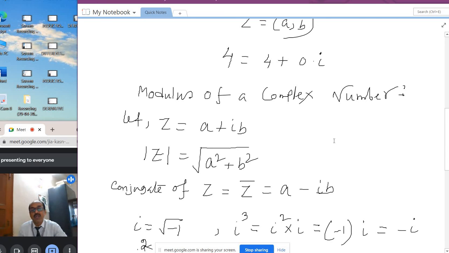The mod value is always positive. Then conjugate, denoted by z bar: if z is equal to a plus ib, then its conjugate z bar is a minus ib.